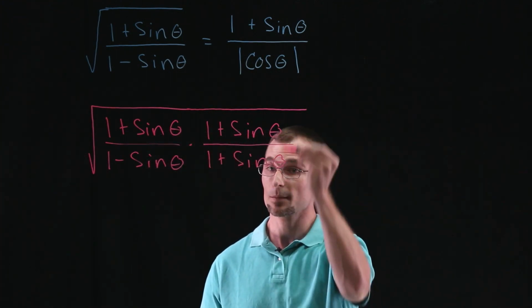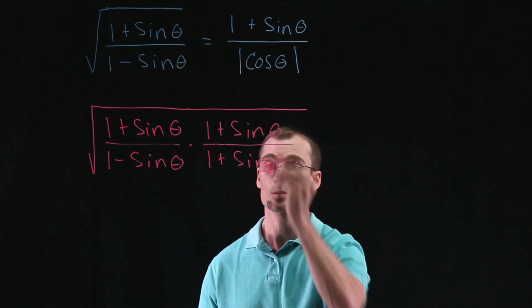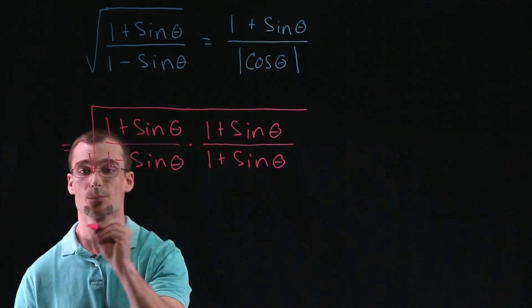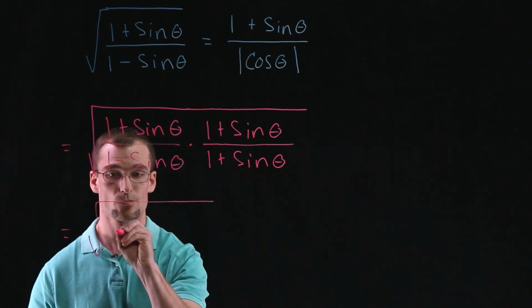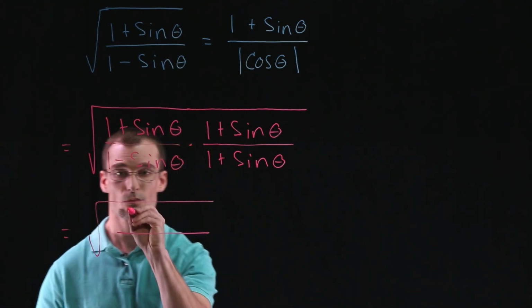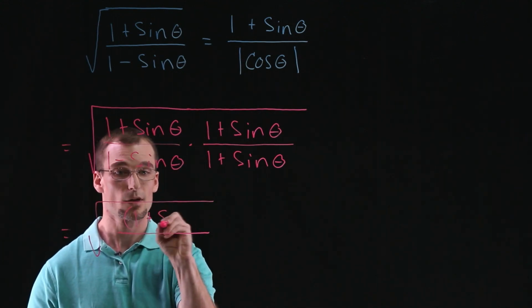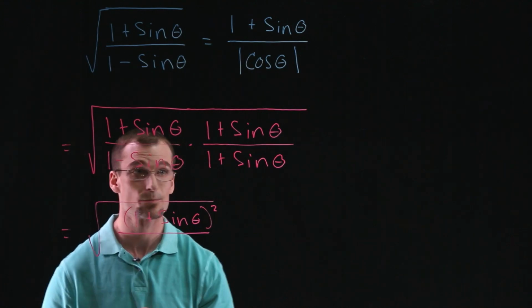Technically we're multiplying by 1, not really changing the expression, but 1 plus sine theta times 1 plus sine theta gives us 1 plus sine theta squared. So in the numerator we'll have the quantity 1 plus sine theta, squared.